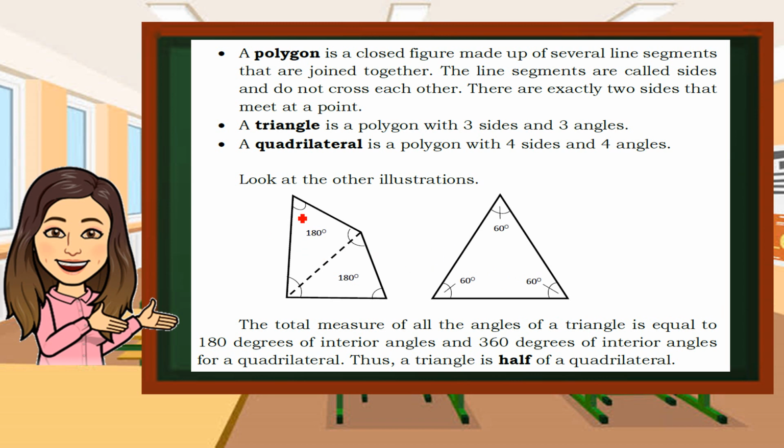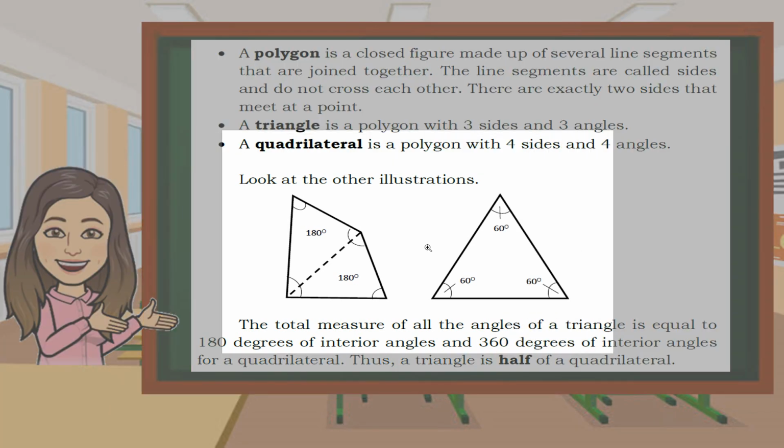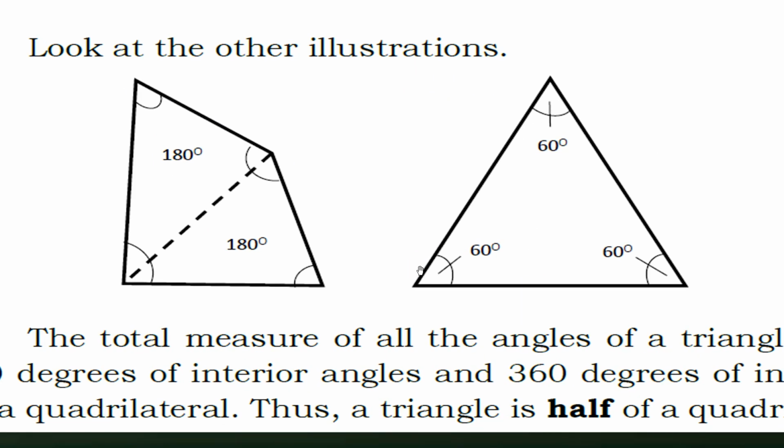Now, let's take a closer look at the angles of this quadrilateral and triangle. As you can see, in the triangle, if we add the interior angles of these 3 angles here, 60 plus 60 plus 60, we will have 180 degrees.